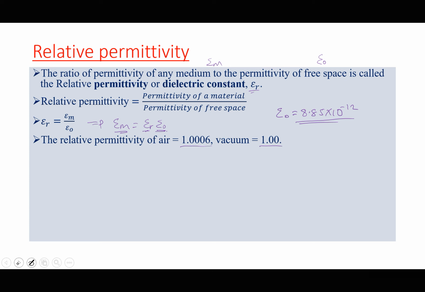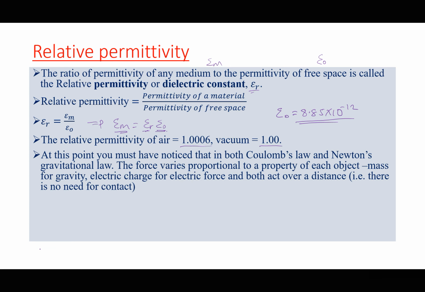So at this point, there are a few things you must have noted. Number one, you must have noticed that in both Coulomb's law and Newton's law of gravitation, the force varies inversely proportional to a property of each object.